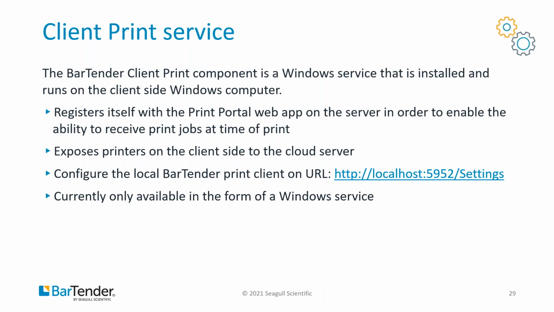So the print job is actually sent via a separate communication channel, which is first established by the client print service, making a connection out to the cloud server and then connecting with the print router service.